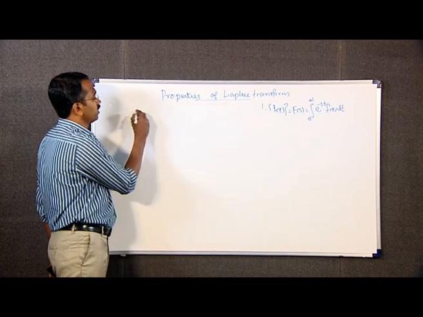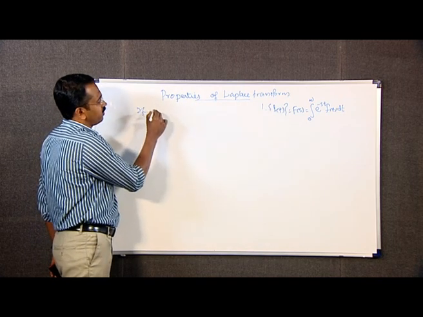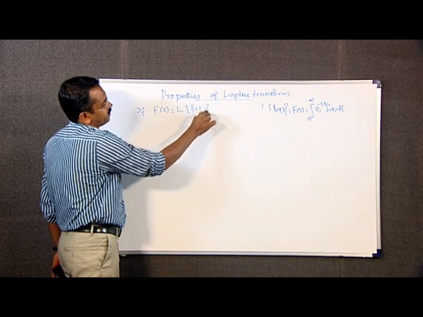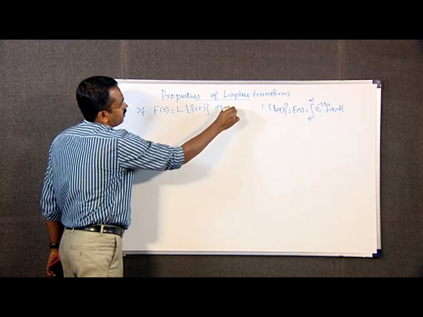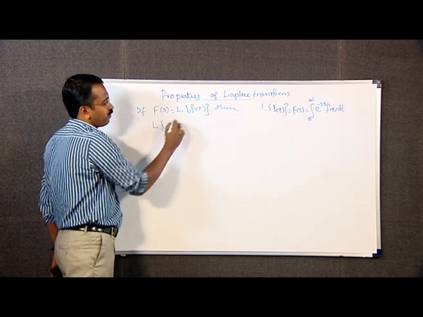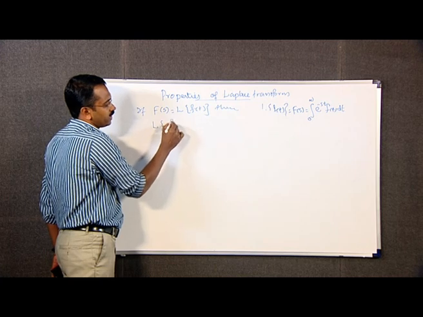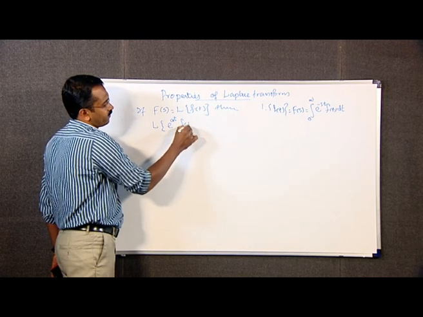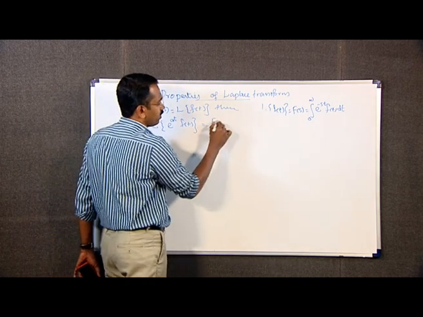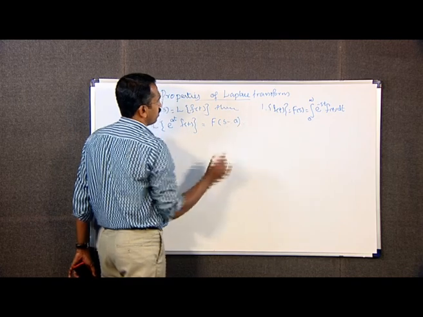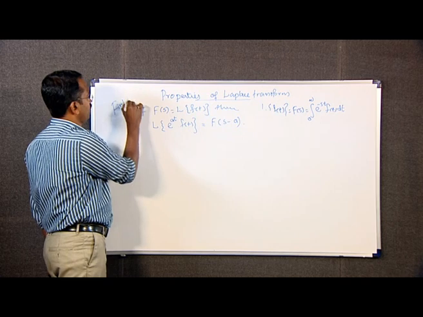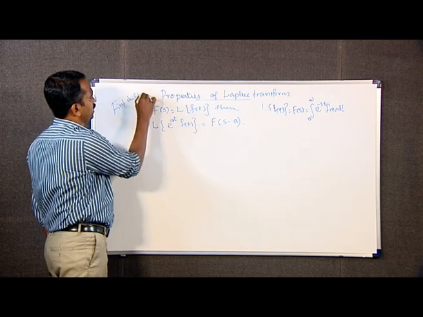That is, if F of s is equal to Laplace transform of f of t, then Laplace transform of f of t multiplied by e raised to a t is equal to F of s minus a. This is the first shifting property of Laplace transform.